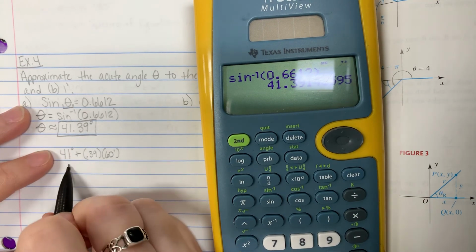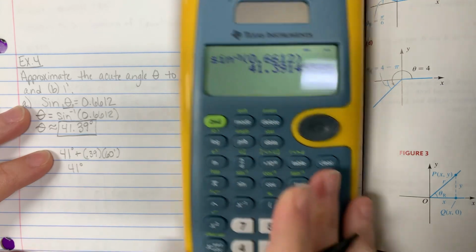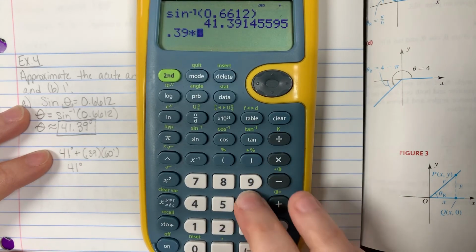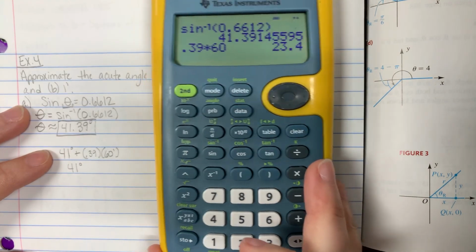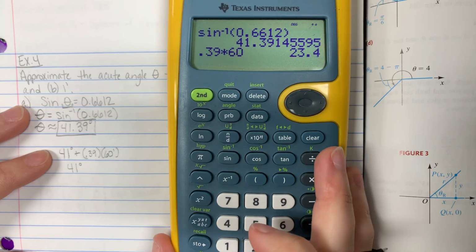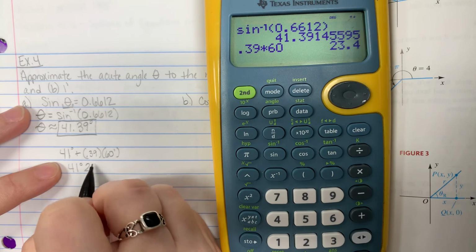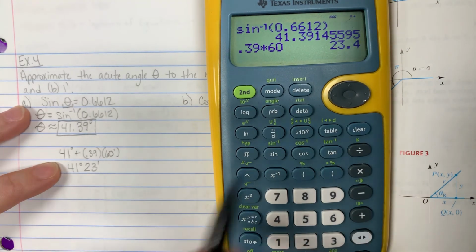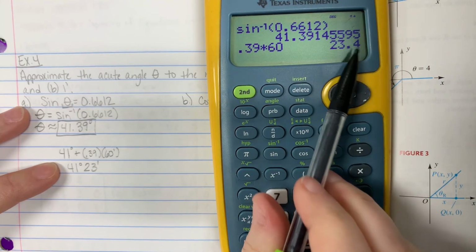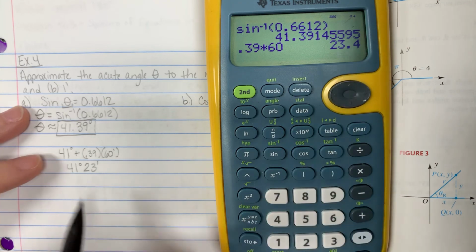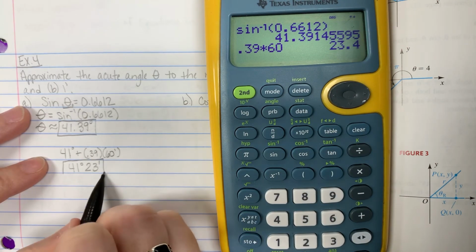So that's going to give me 41 degrees, and 0.39 times 60 is 23.4, and I do not care about that 0.4. All I care about is the minutes. So this is 23 minutes. 0.4 times 60 would give me the seconds, but I don't need that. I just need the minutes. So there's that.